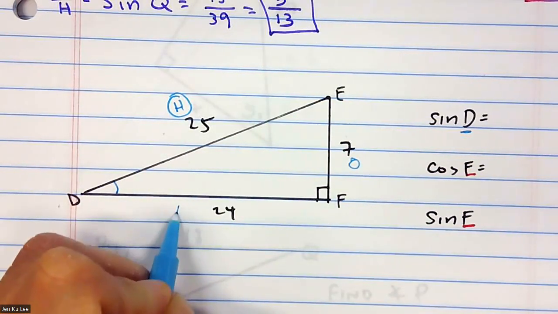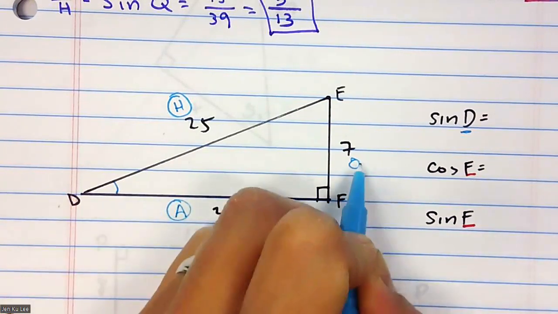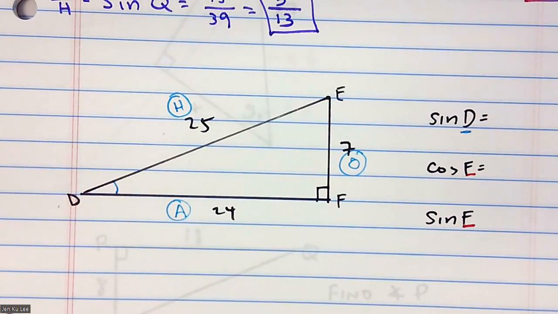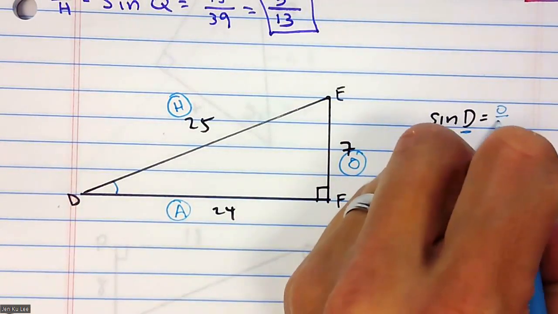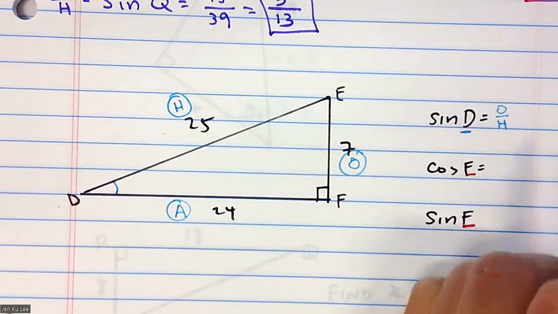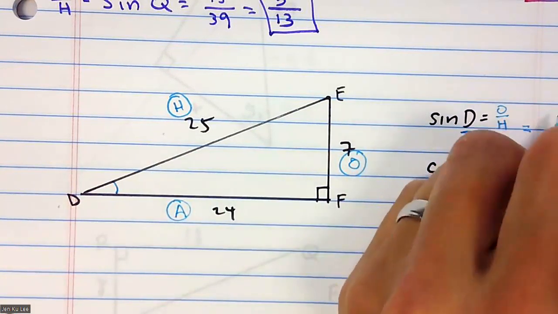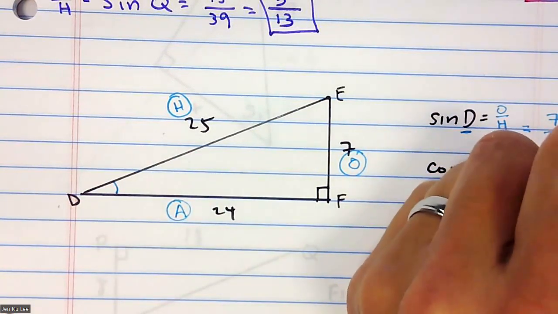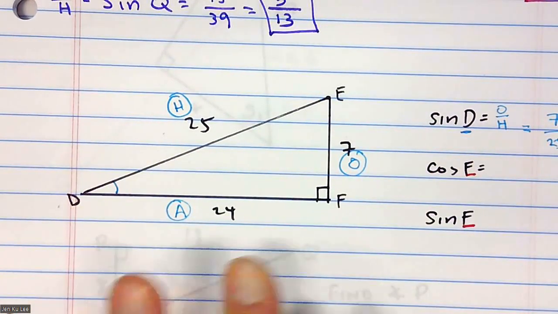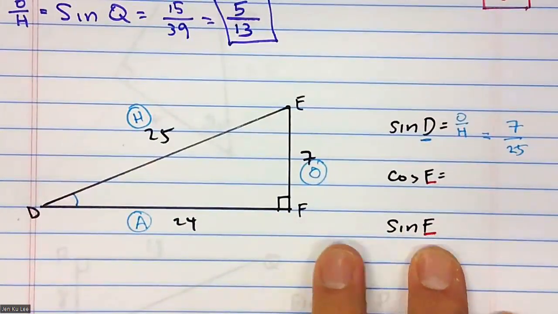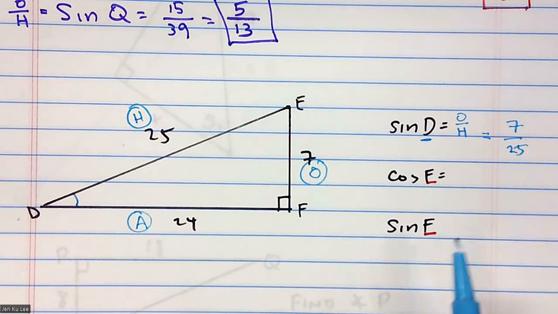And so then this is my adjacent side, right? So sine, which is SOH, right? So it's O over H, which is equal to O 7, H 25. So that's 7 over 25. Okay? All right. So that's 7 over 25.